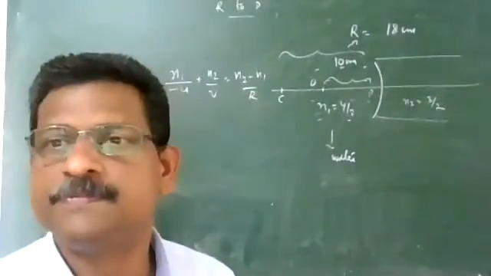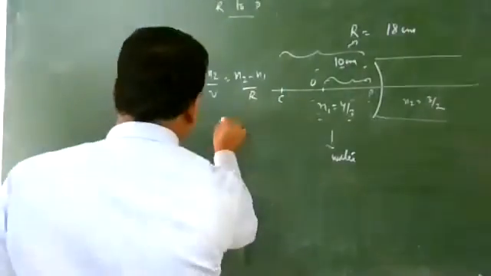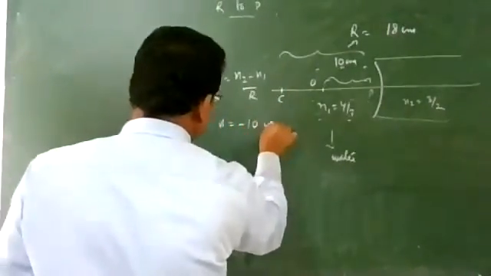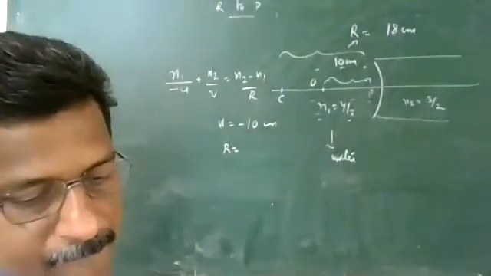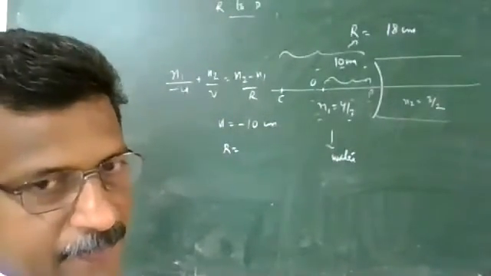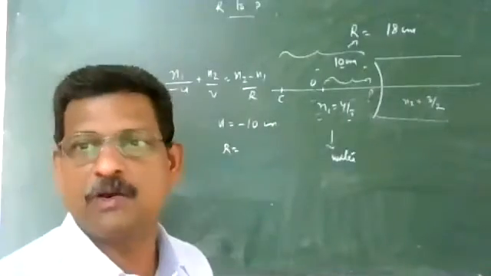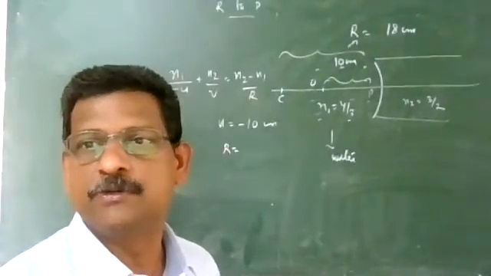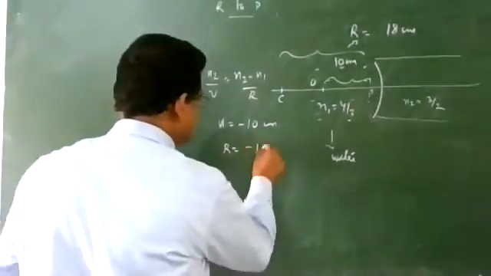Anyone? Minus 10. U equal to minus 10 centimeter. And what about R? Anyone? Minus 18 centimeter. Both are on the left side. So R is minus 18 centimeter.